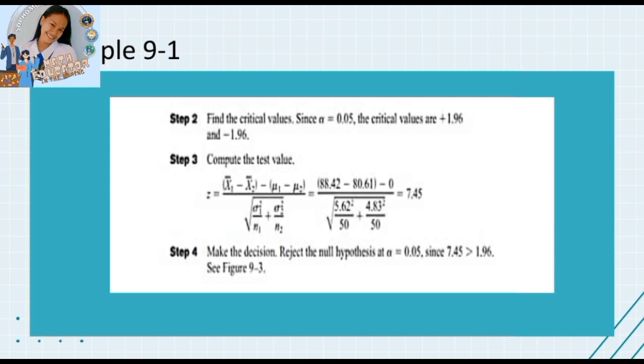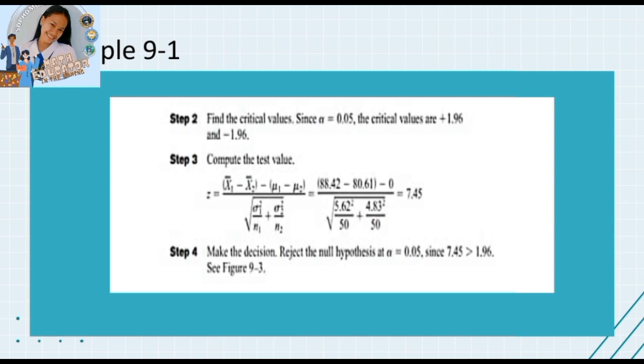The third step is to compute the test value using the formula z equals x bar sub 1 minus x bar sub 2, minus the difference of mu sub 1 and mu sub 2, all over the square root of sigma squared sub 1 divided by n sub 1 plus sigma squared sub 2 divided by n sub 2.